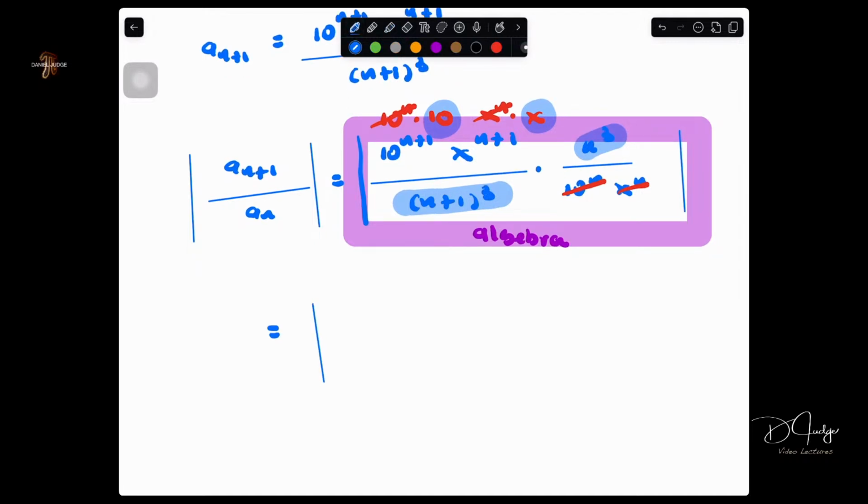So we have the absolute value now of 10x, n cubed, really over n plus 1 cubed.